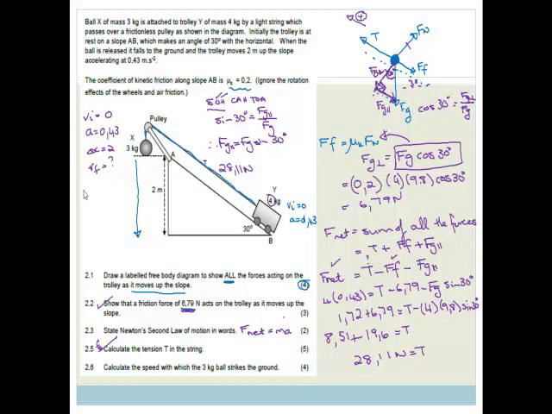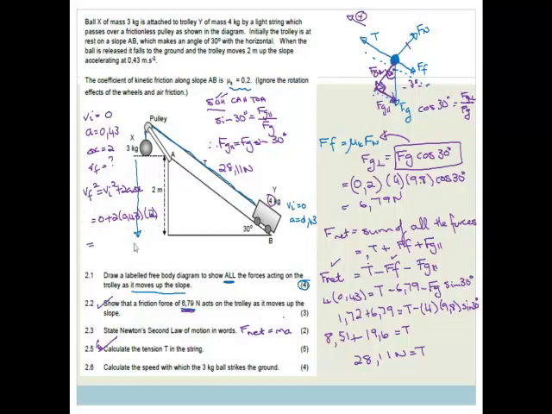So we can use the equations of motion. Vf squared is equal to Vi squared plus 2a delta x, which is going to be 0 plus 2 times 0.43 times 2.